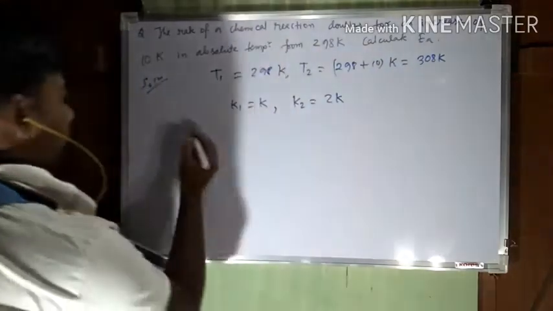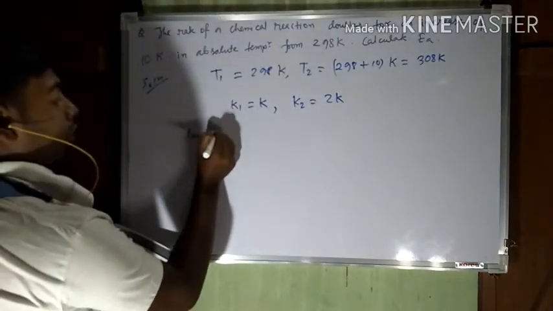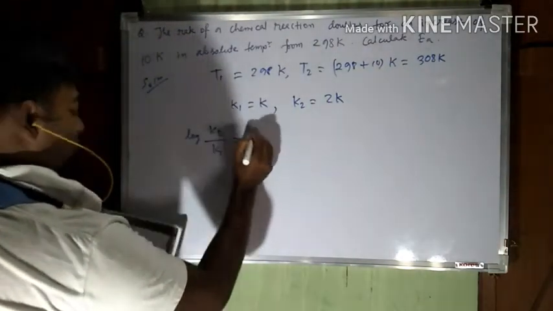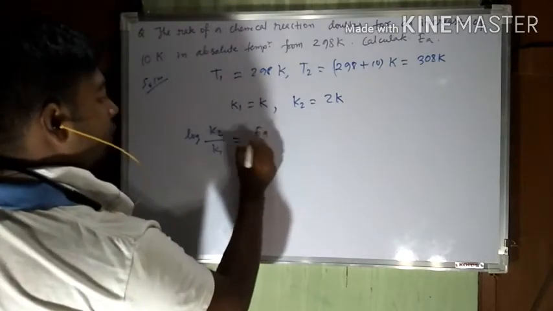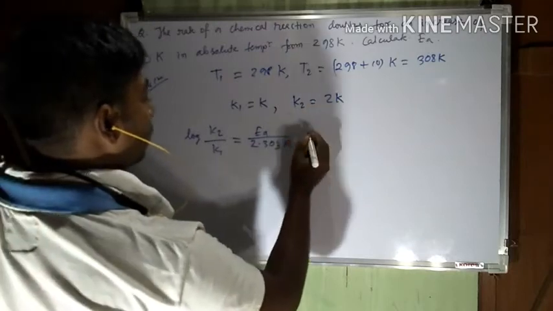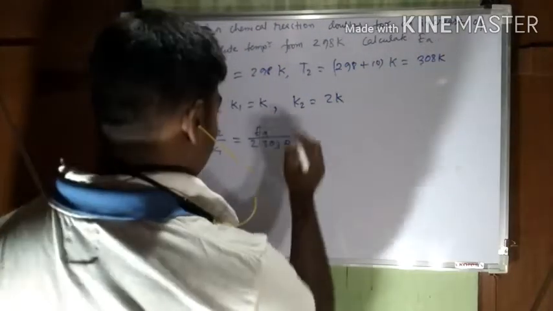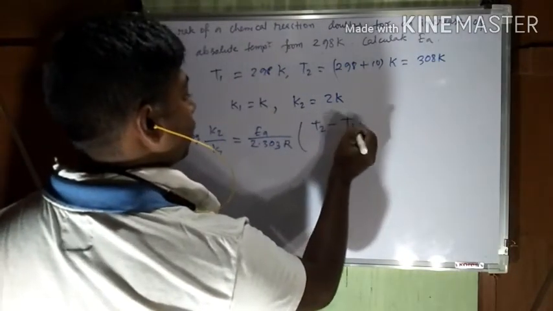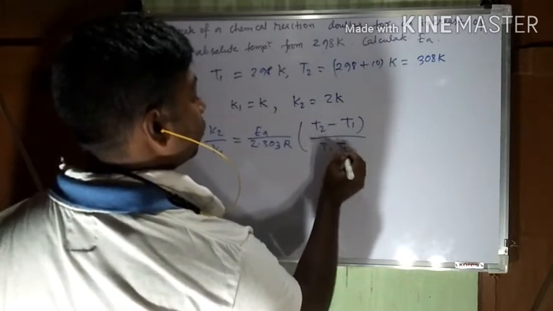Now if we apply this formula, log of K2 by K1 equals EA by 2.303 R into (T2 minus T1) by T1 T2.